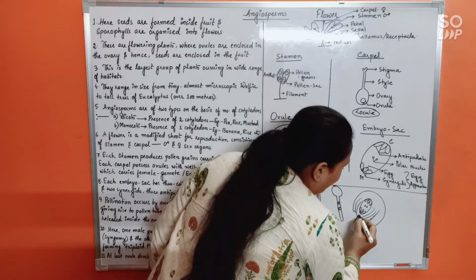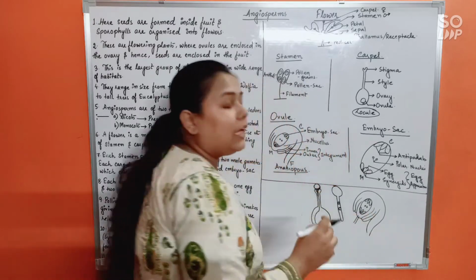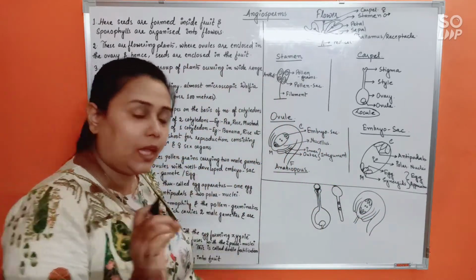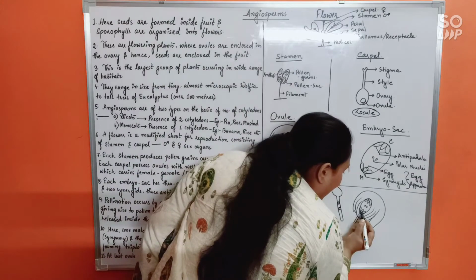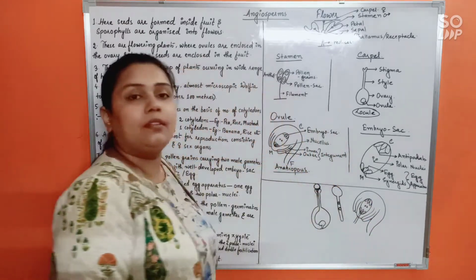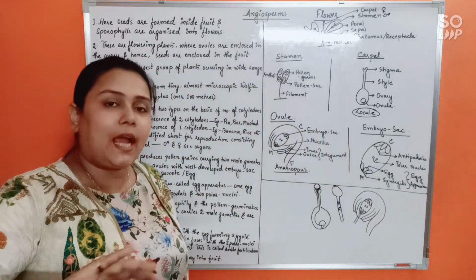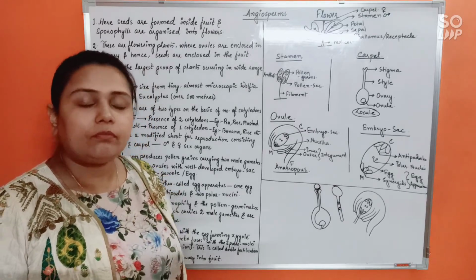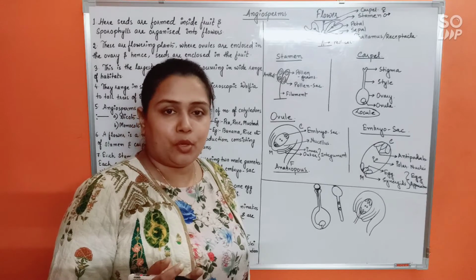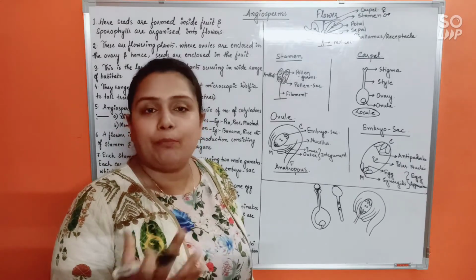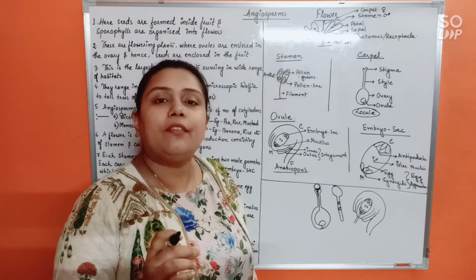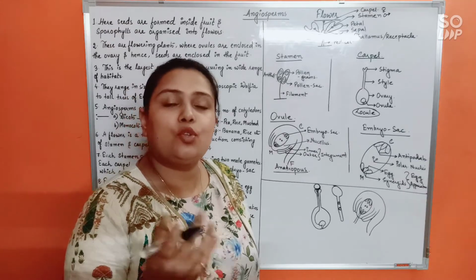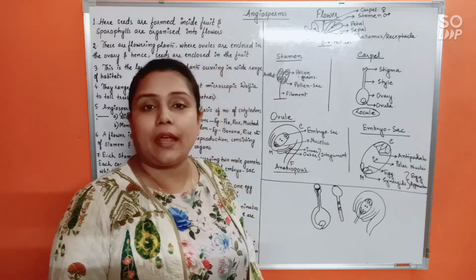As soon as the pollen tube reaches the micropyle, it penetrates the micropyle and then enters inside the embryo sac. It pushes itself inside the embryo sac. Once inside, the pollen tube would rupture or burst, releasing the two male gametes inside the embryo sac.